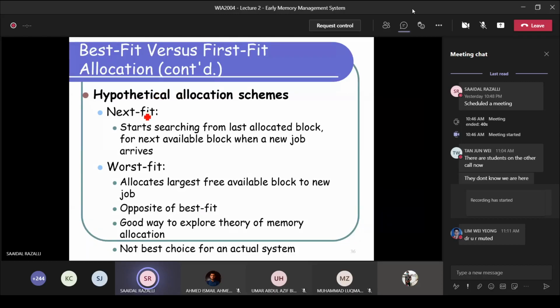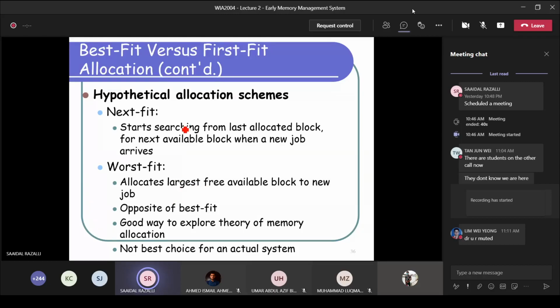There are also other algorithms available, like next fit, which starts searching from the last allocated block for the next free block when a new job arrives. Worst fit is the opposite of best fit. It allocates the largest free available block to a new job.